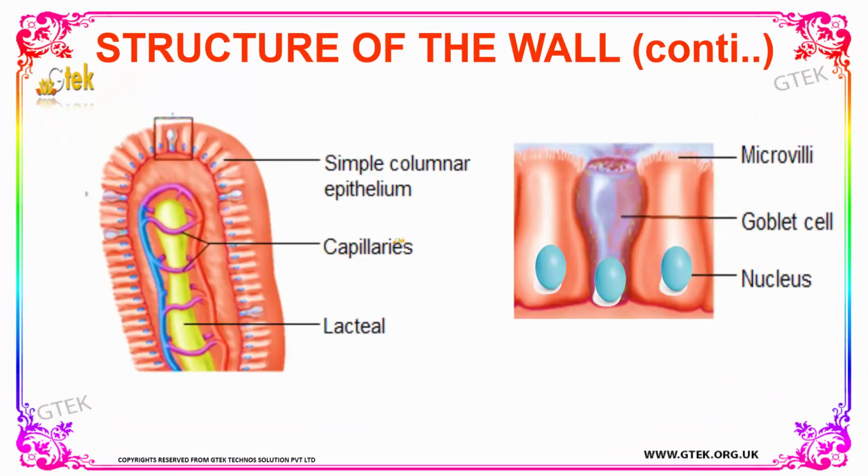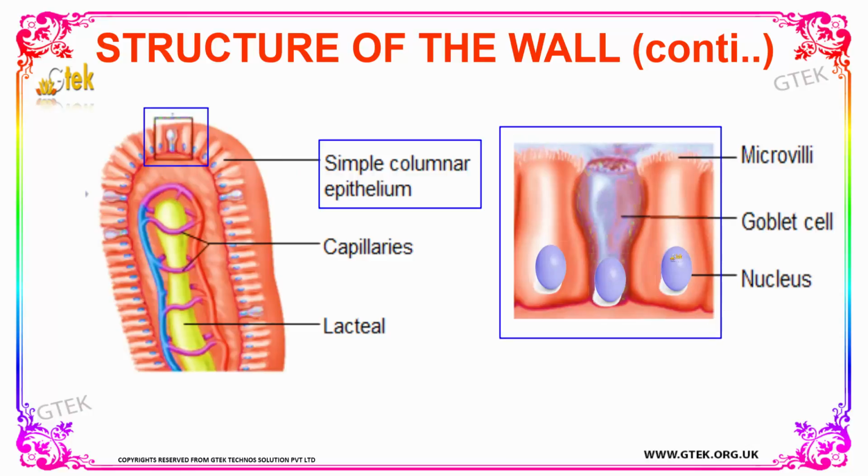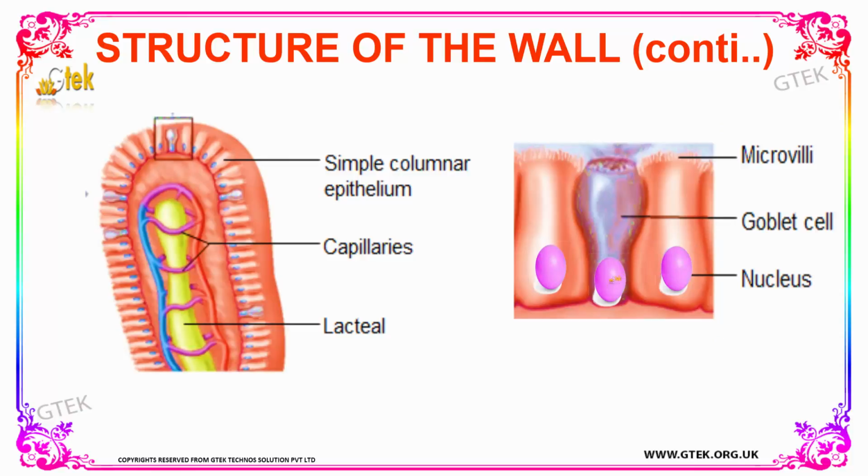The structure of villi is discussed in detail over here. You can see that it has an epithelium, which is a simple columnar structure. It has columns. So this part of the villi's epithelium is enlarged over here. You can see that they have the microvilli, as you can see over here, the goblet cell and the nucleus.